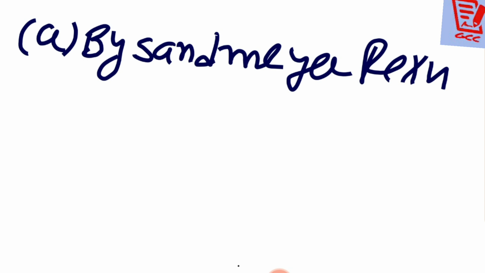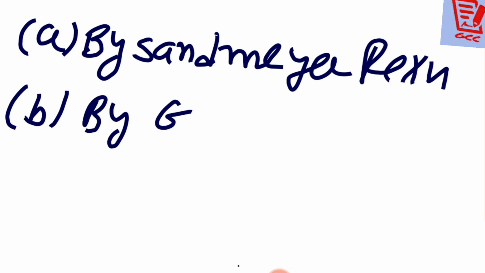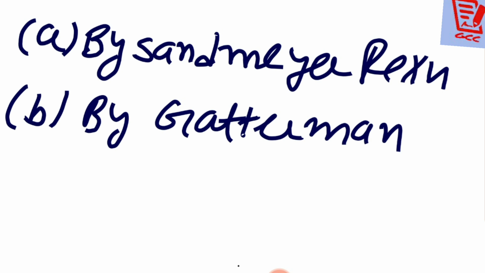One is the Sandmeyer reaction, and along with that one more. The second one is the Gattermann reaction. Mainly these two naming reactions we have to do one by one.